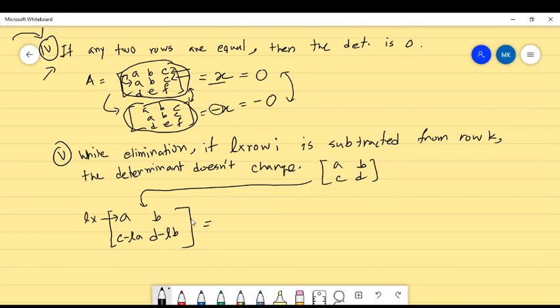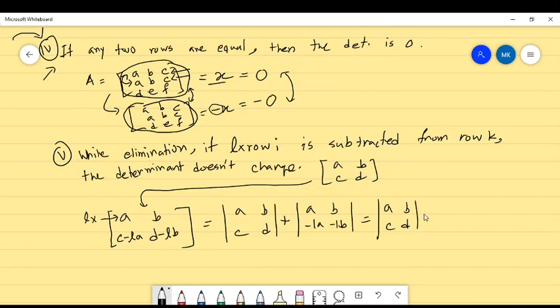So from the 3B rule, we can write the determinant of this matrix as A, B, C, D plus we can have A, B minus L, A minus L, B. We can actually take out the L here.